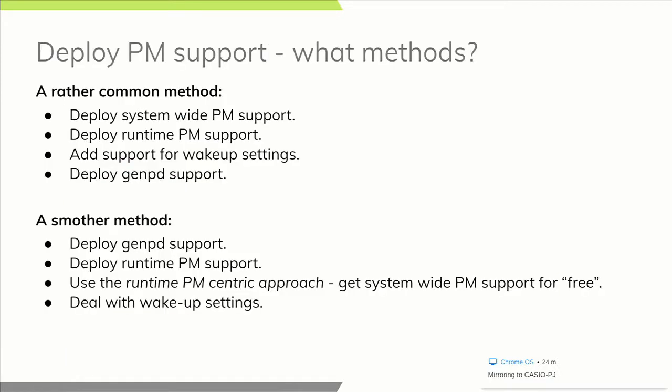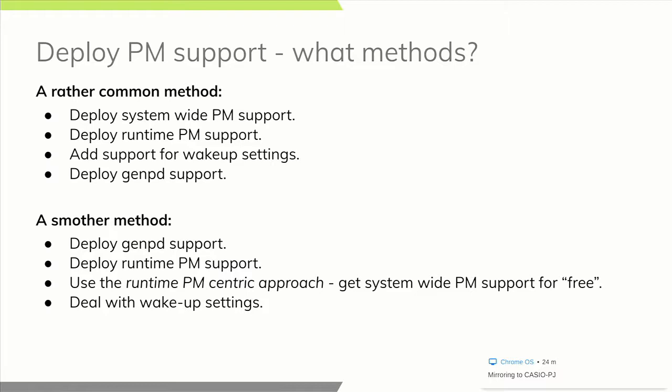So about deployment then. What I've seen throughout the years is that the common method to implement support for Runtime PM and system-wide suspend is that in most cases you start out implementing the system-wide suspend support, and then after a certain time you realize, oh, it would be nice to have Runtime PM support as well, so you add that on top.